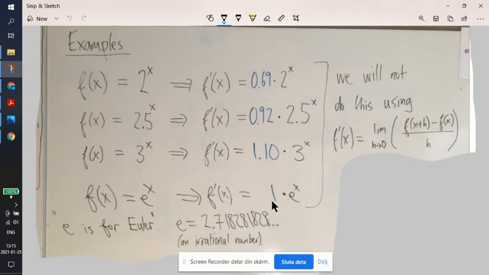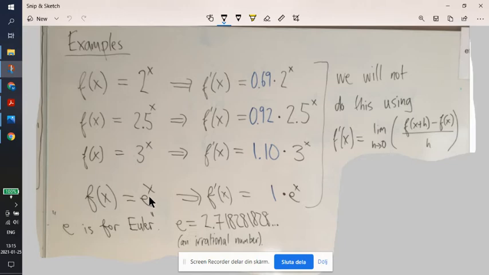And it turns out that this property in math is super important, because then we have an expression of the form a to the x where, when we form the derivative, we get 1 times this. Basically, the derivative is the same function as the function itself. So it means that we have a function that is equal to its derivative.